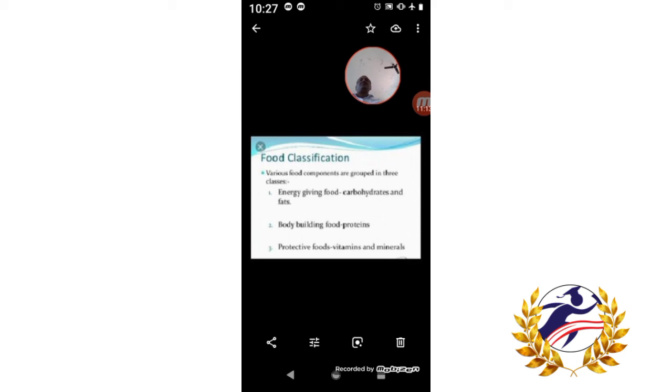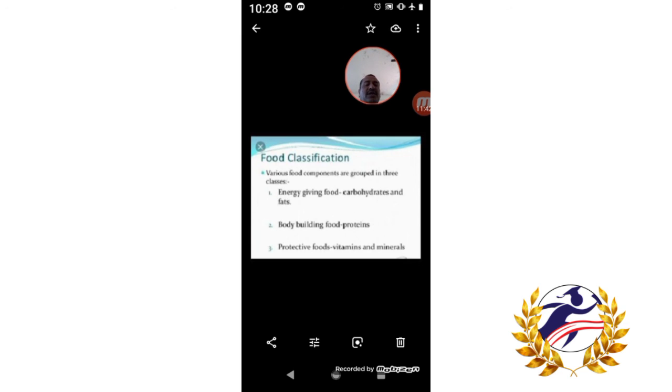Next, on page number 15 only, you have deficiency diseases. This is also important. A person may be eating good quality food, but it may not contain all the nutrients that the various parts of the body require. If it continues like that for many days, it leads to deficiency.